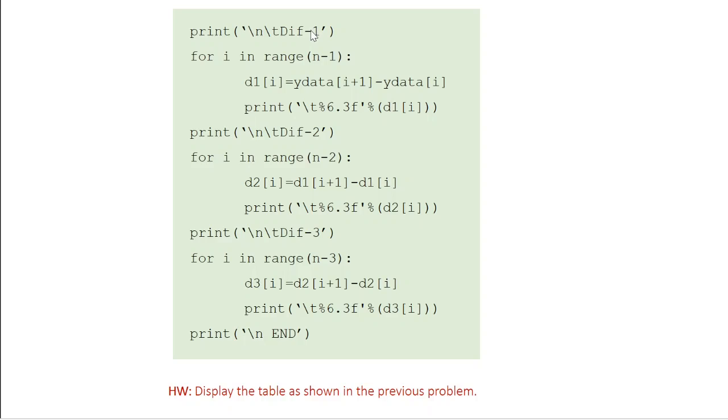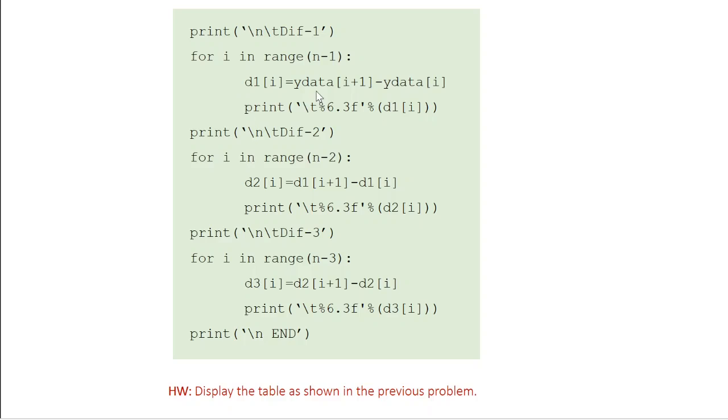Now you know that if you have n terms in your y column, the first forward difference column will have n minus 1 terms. So your range function will have n minus 1 here instead of n. So for i in range n minus 1, how do you calculate the first difference? This is simply the difference between two successive y values.